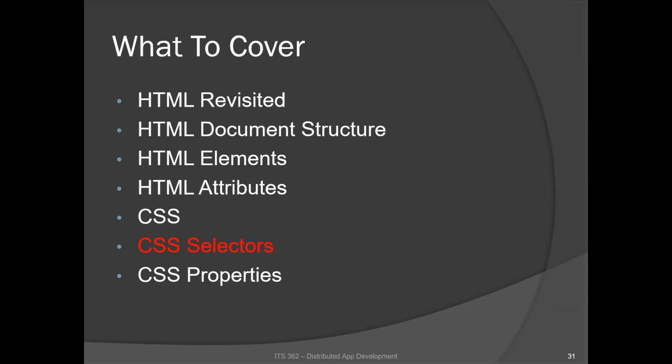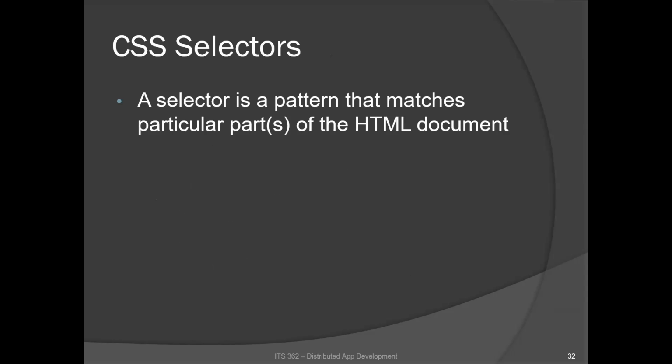All right, and then these topics like CSS selectors and properties are actually important for our course, and we will take a look at them later on because jQuery, in a sense, takes this approach of having selectors, which is a pattern that matches particular parts of the HTML document. As you will see, it's called jQuery because in a sense, it's JavaScript query.